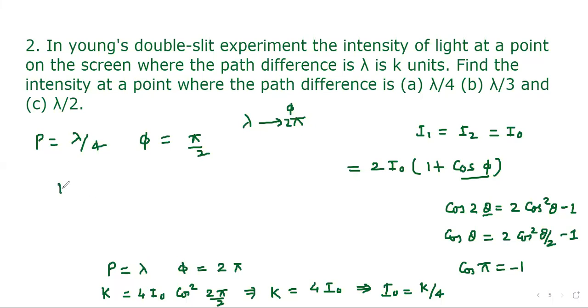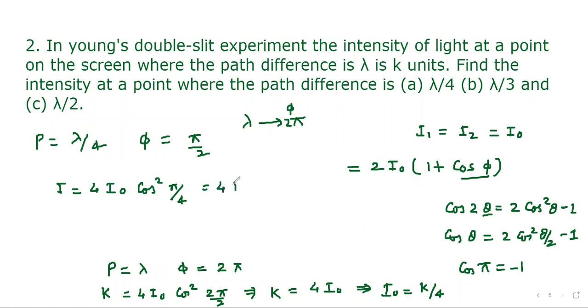It will be I equal to 4 I0 times cos square, and here if we put phi as pi by 2, we will get pi by 4. And cos pi by 4 is 1 by root 2, so its square will give 1 by 2.